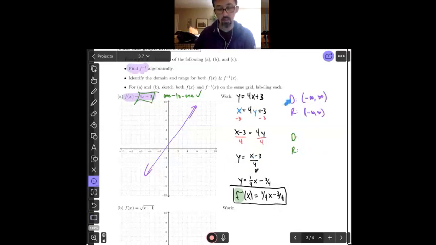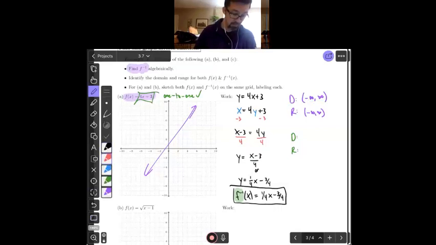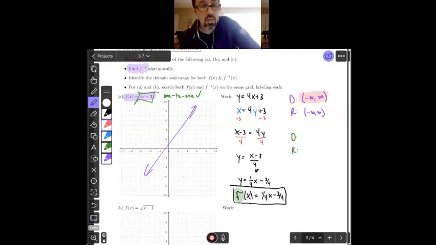If the domain of f is this, then what does that tell us? If this is the domain of f, what do we then know? The domain of f is negative infinity, positive infinity. It's the same as the range. Ruthie, I'm going to finish your sentence for you.